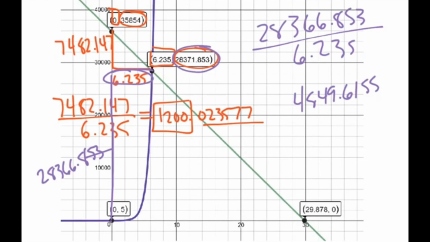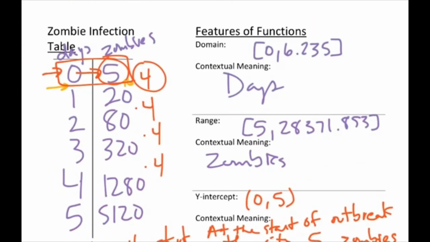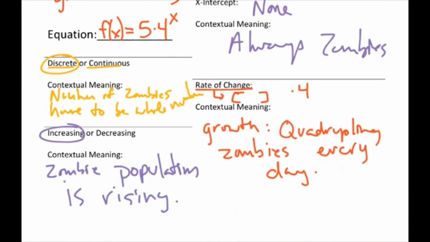So basically about 4,549 zombies per day. We're quadrupling them, remember, so when we're down here, there's less and less, but they move so quickly. But if we were to graph that linearly, that's how many zombies essentially per day we'd be having. Meaning the same thing.